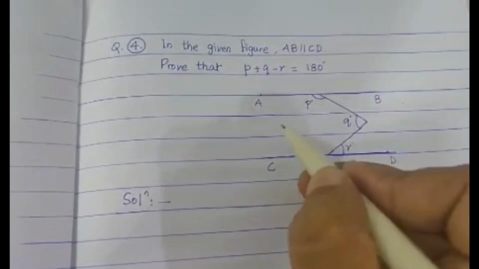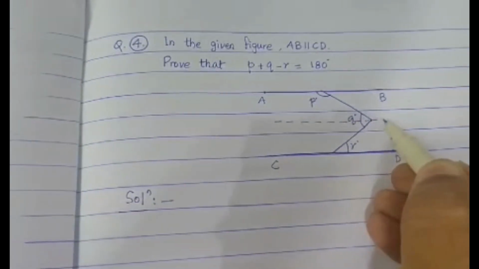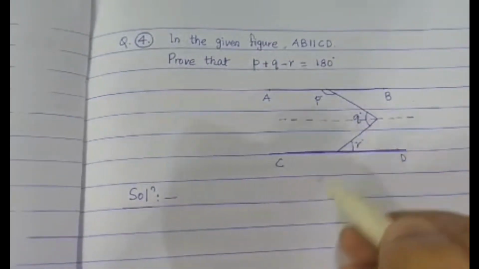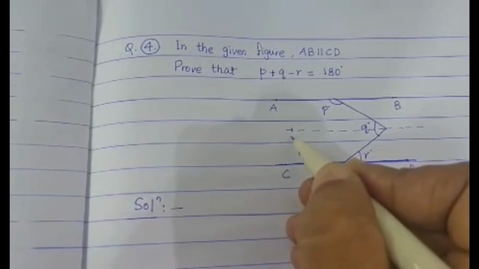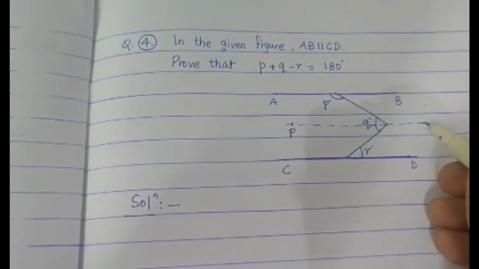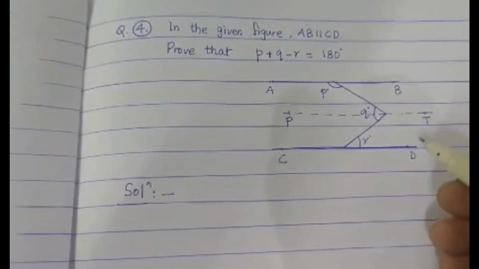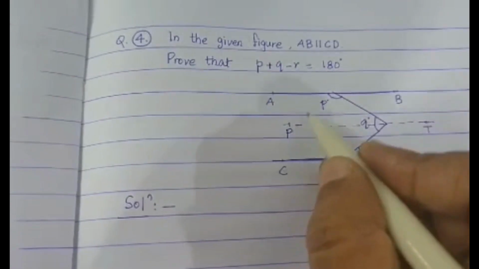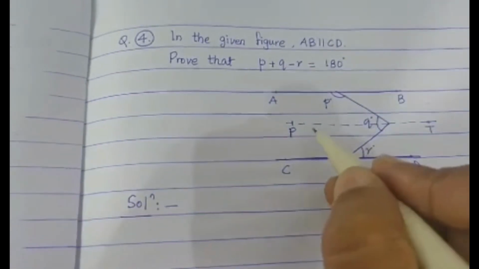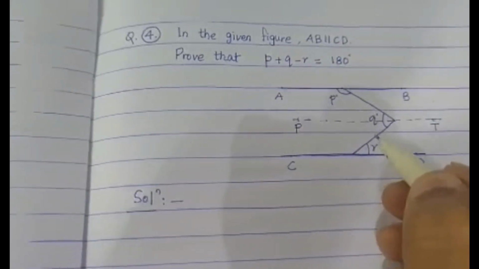First of all, we will draw a line parallel to any of the lines and passing through this vertex Q. Let us name it P and T, parallel to AB or CD and passing through Q. This is the construction.